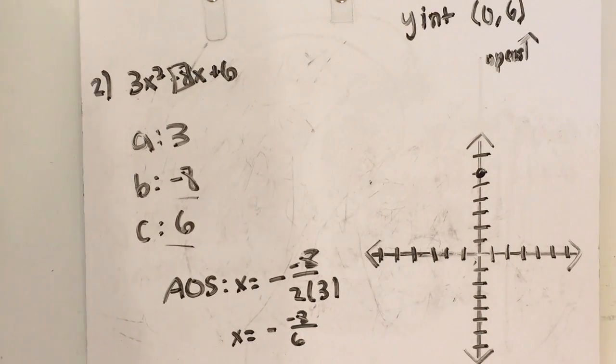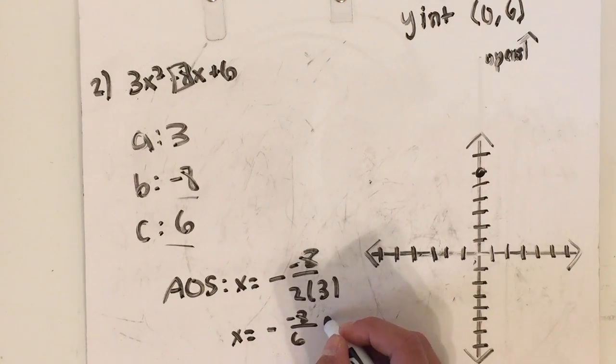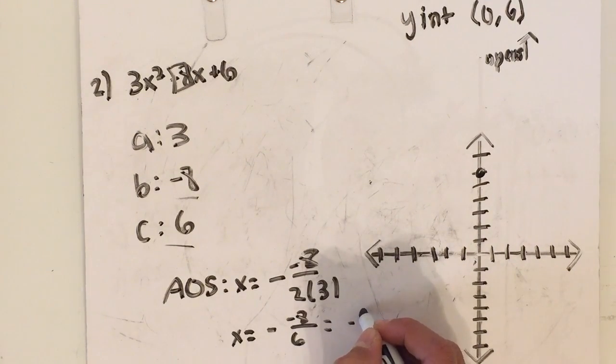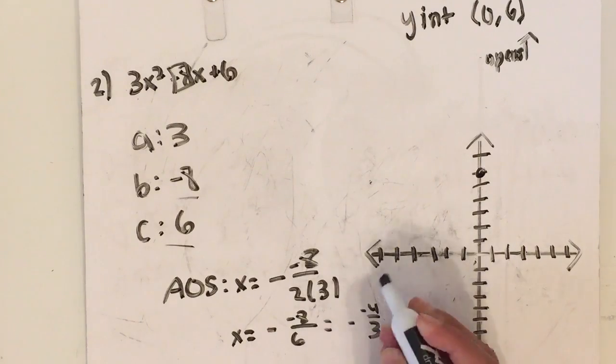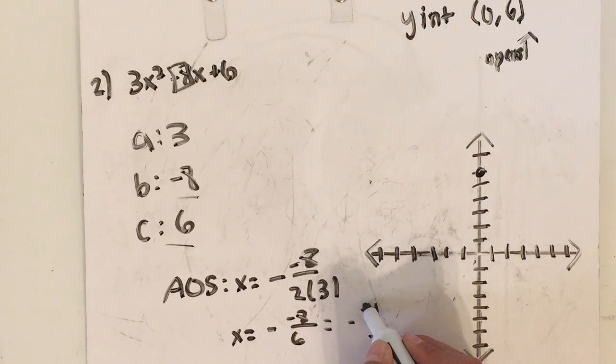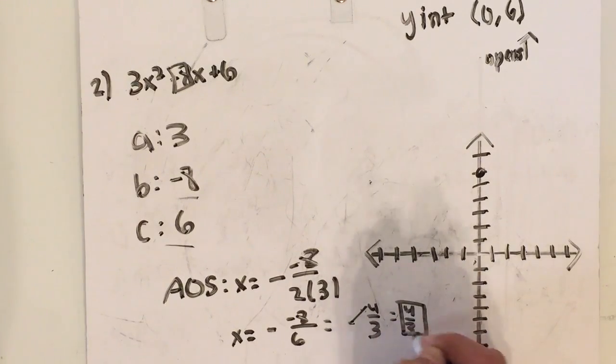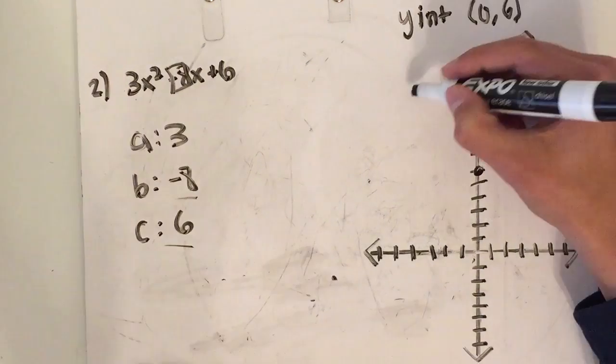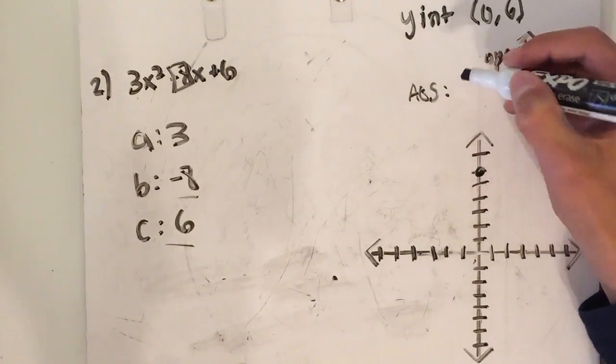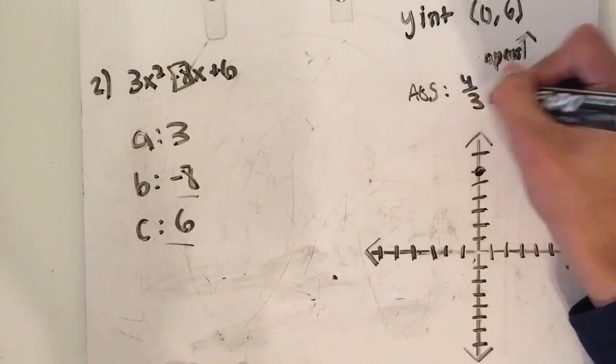So we're going to do -8 divided by 6, which is -4 over 3. So that simplifies to -4 over 3. So the negatives cancel each other out and turn that 4 into a positive. So we're just going to have 4 over 3, which is about 1 1/3. Our AOS is 4 over 3.